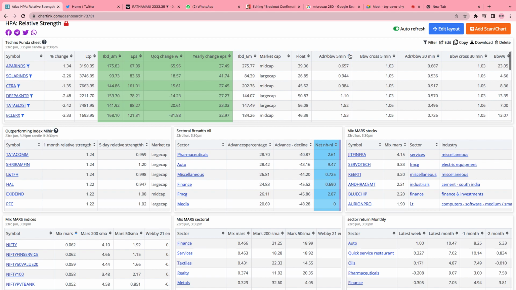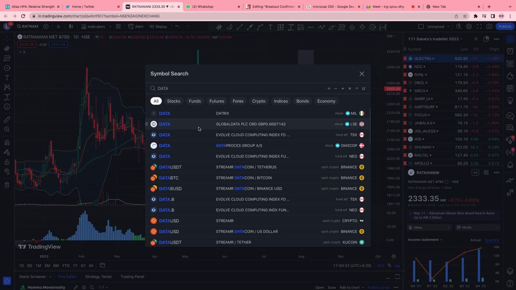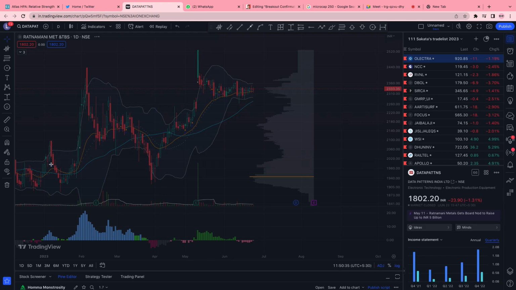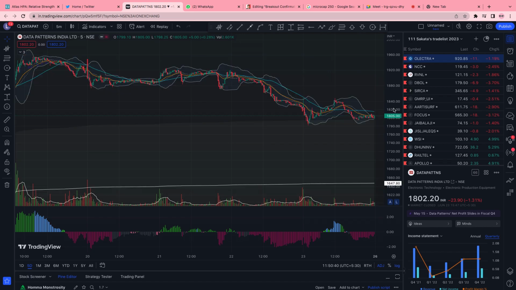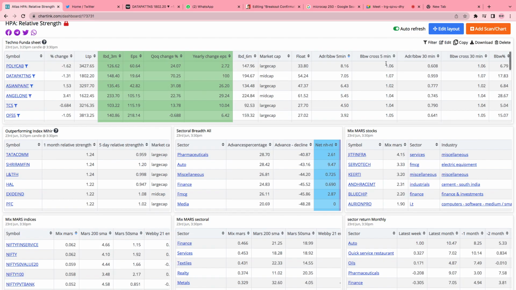The higher the value, the higher the contraction. So Polycab and Data Patterns in 5 minutes is very constricted right now, meaning the contraction is very high. If you go to 5 minutes, you see it's very tight now. So you can directly get that sort of data from here.